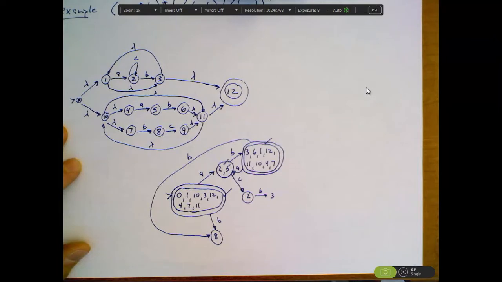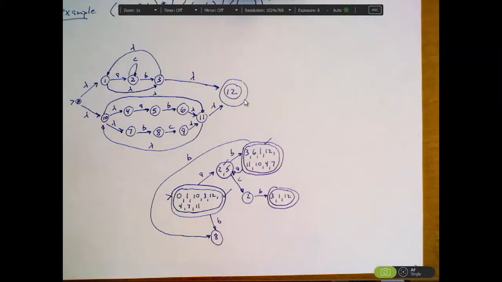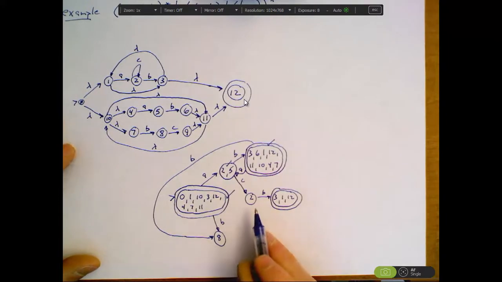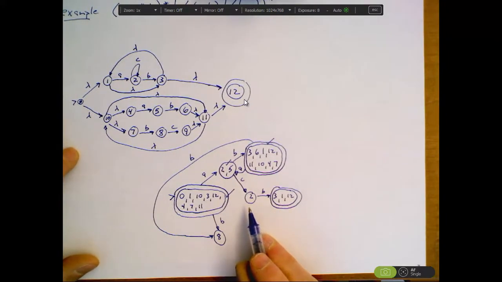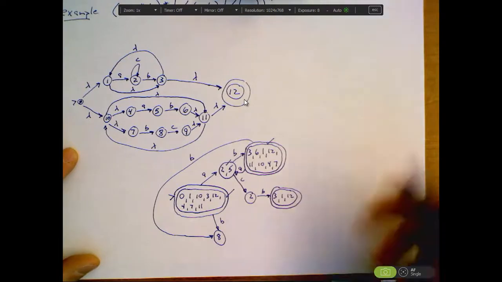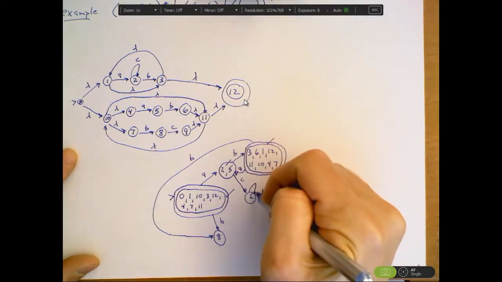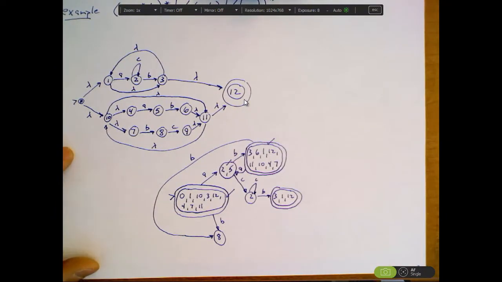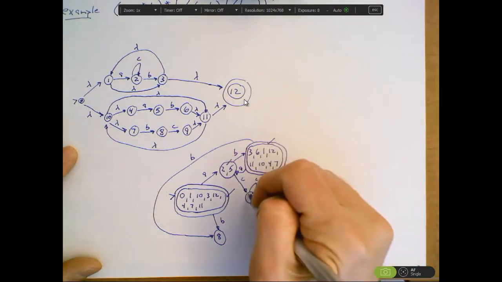And 12 again is a final state in the original machine, so it's going to be a final state in the new machine. C on 2 is a self loop, and there's no lambda closure, so that is just like that. So that takes care of this one.